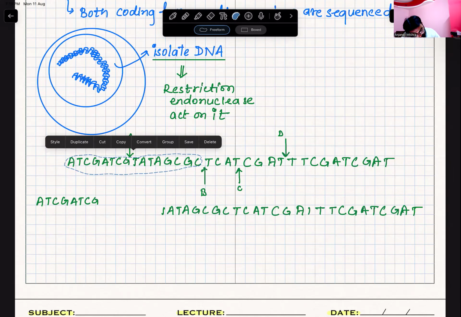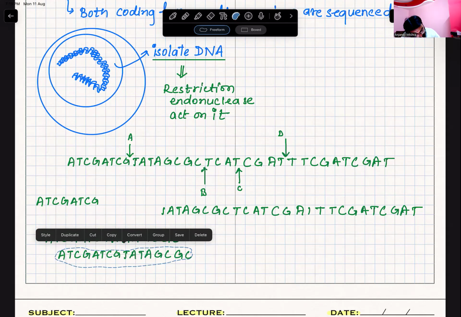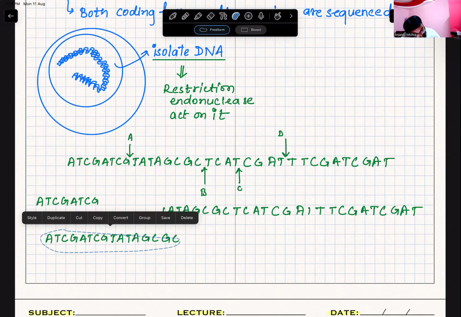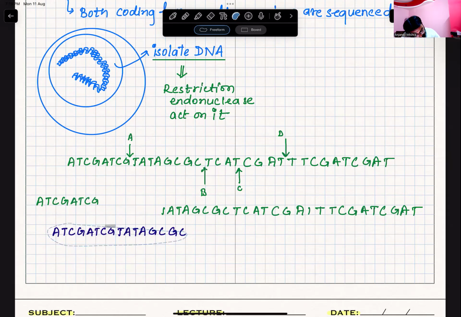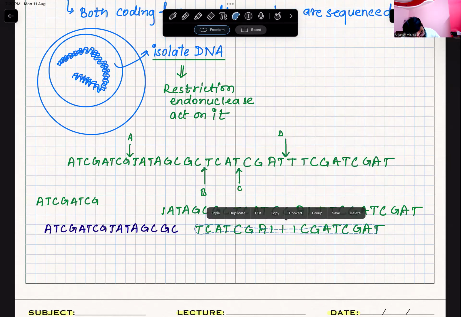I'll change the color so that you understand clearly. Then you have got one which is cutting over here.